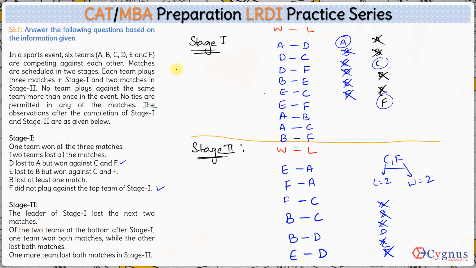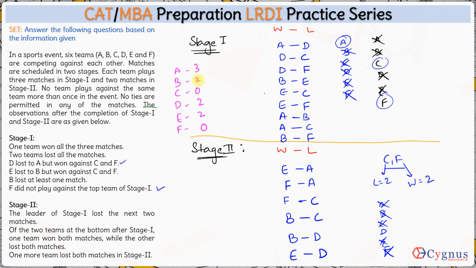How many matches are won by whom? So in the first stage, A, B, C, D, E and F: A won all 3 matches, B has won only 1 match, C lost all the matches, D has won 2 matches, E won 2 matches and F lost all the matches.